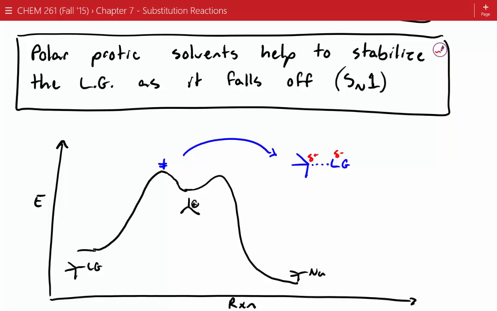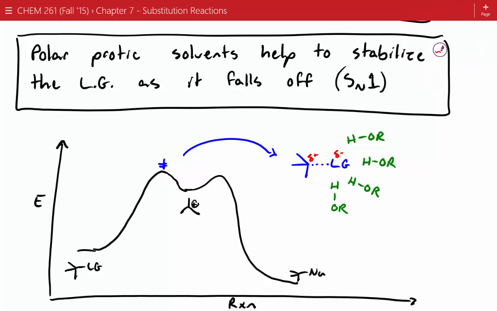And if you think about polar protic solvents, they'll want to interact with that leaving group as it's falling off, right? So let me draw solvents in green. Let me slide this down a little. So if we've got a bunch of solvents around that leaving group, they can all hydrogen bond to it as it's falling off, right?